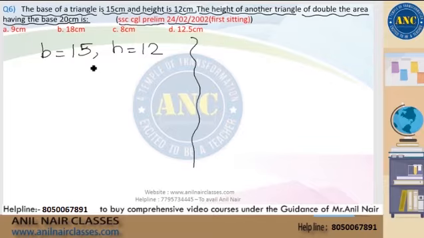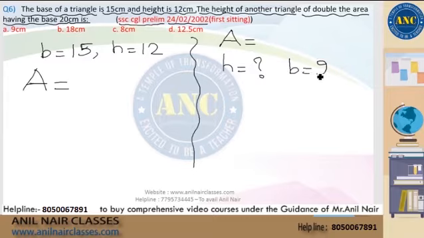Whatever area I get in my first triangle, in my second triangle the area is double. Find the height of the second triangle, which has double the area of the first triangle and base 20 centimeters.